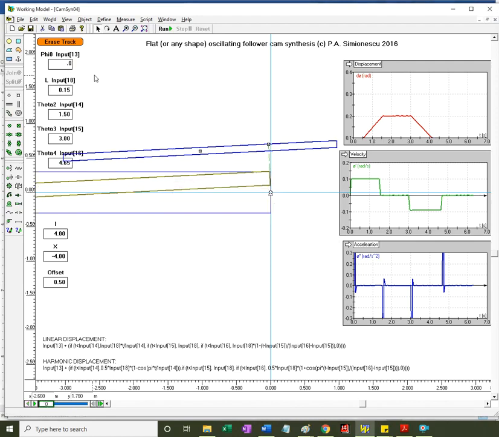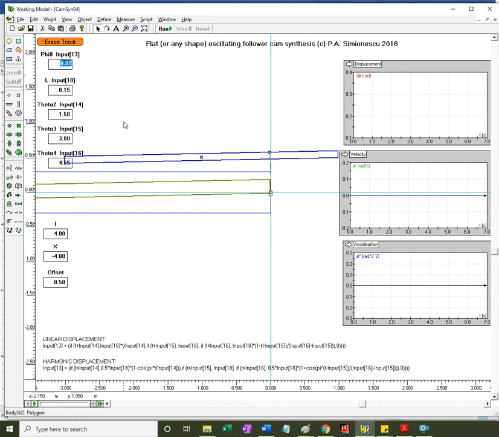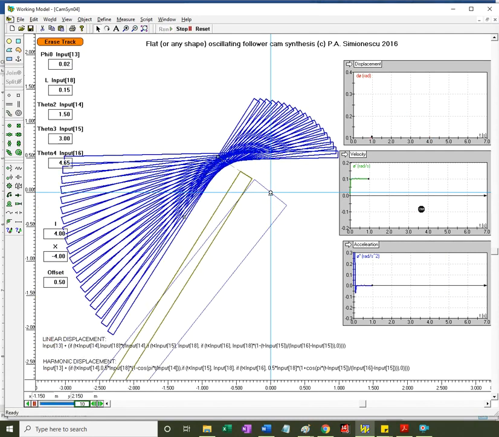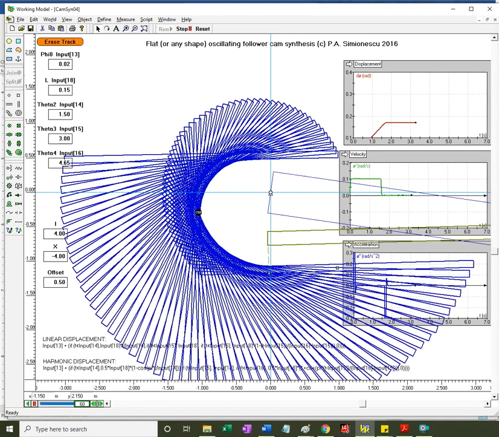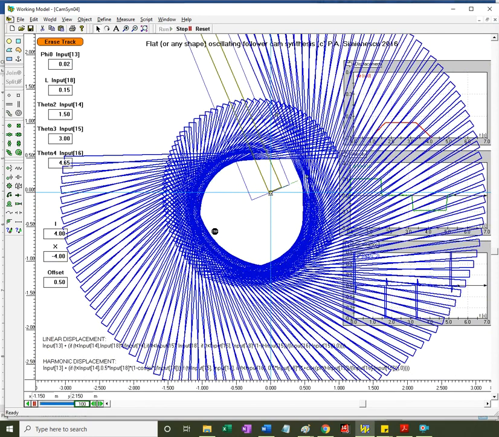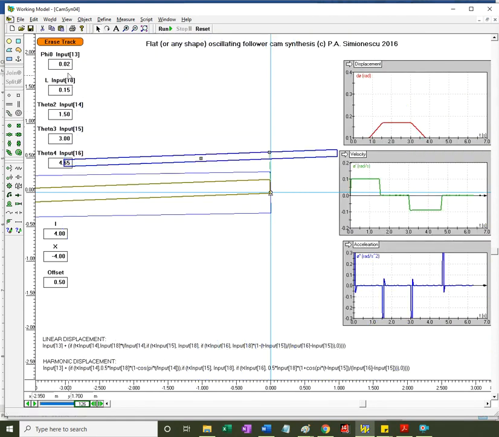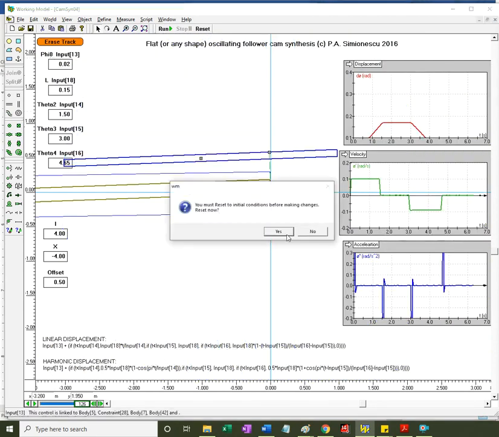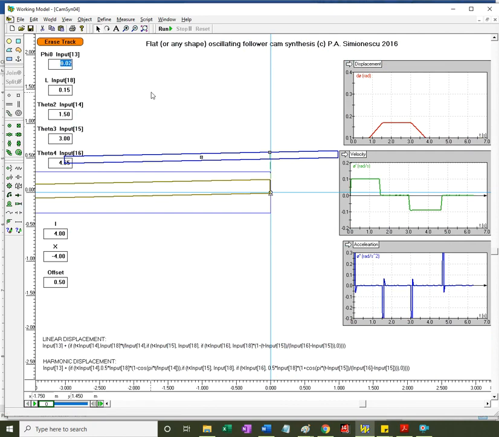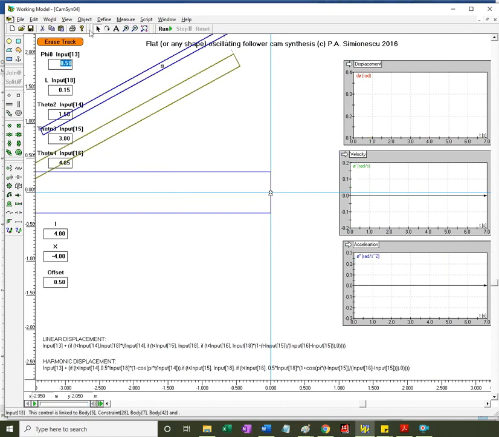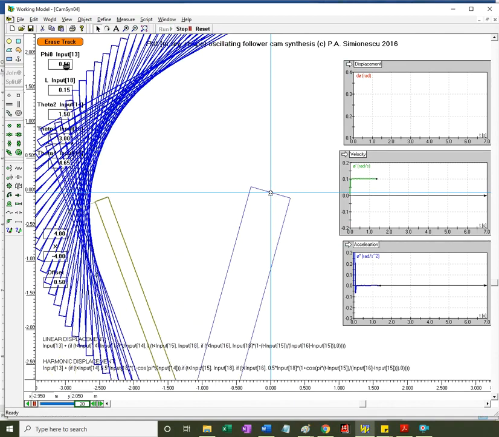If I make this 0.02 it's even more dramatic. Yes, you know, some areas of undercut as well as these straight portions. So the remedy is to increase the base circle of the cam, that is, add to the bias for the same lift.